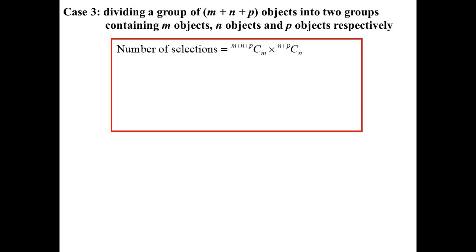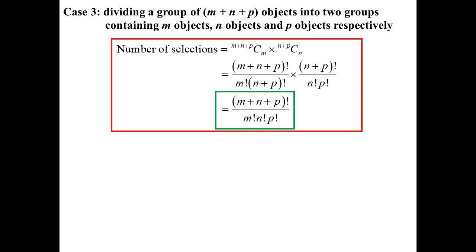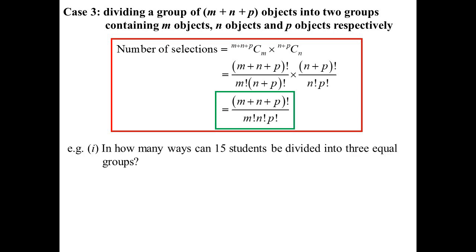I'm now left with n plus p people, and I'm going to choose n of them. There's my second group, automatically creates the third group. But look what happens when we put it in the factorial notation. This (n plus p) factorial ends up cancelling, and I end up with something very similar to the one before. It's simply the total number of arrangements goes on top, but then I just divide by the size of each of the groups, factorial.